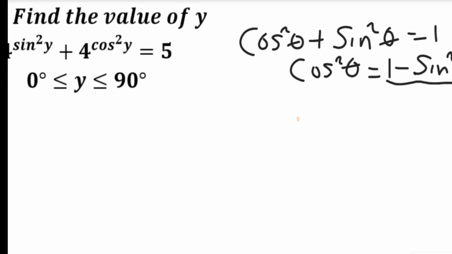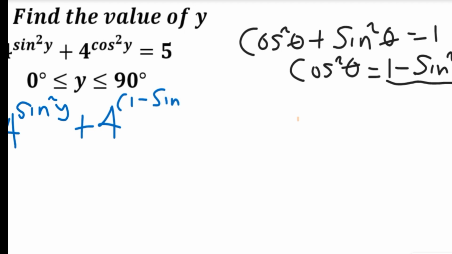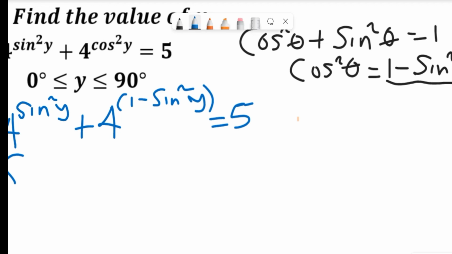Now let's bring that into a solution. We're going to have 4 to the power of sine square y plus, our cos has become, 4 to the power of 1 minus sine square y, and that will be equal to 5. Having done that, we will now simplify the equation further.